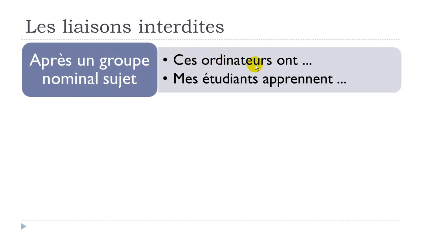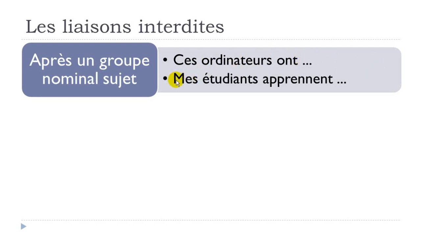And in that case, you don't make a liaison after this groupe nominal. So with ces ordinateurs, you don't make the liaison between this word and the verb that comes after. Ces ordinateurs ont, and the sentence continues.